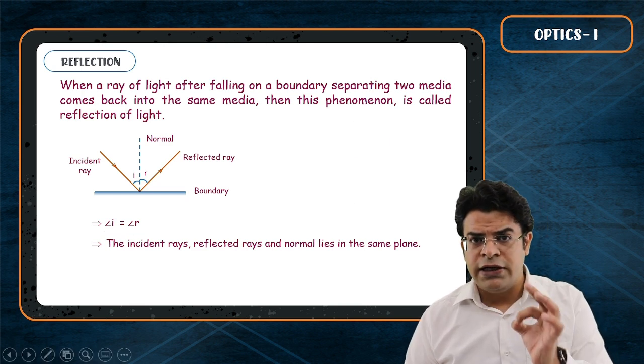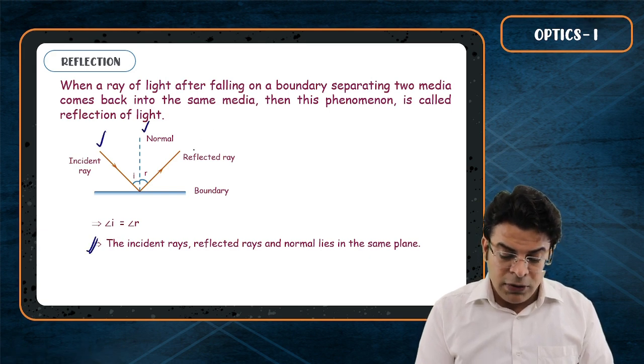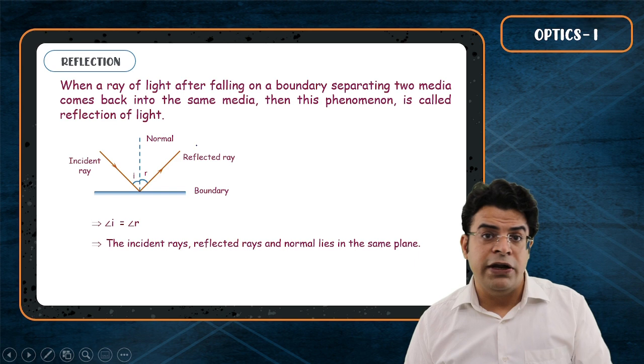There is one more thing that we can say using the second argument, that the incident ray, the normal and the reflected ray lie in the same plane.